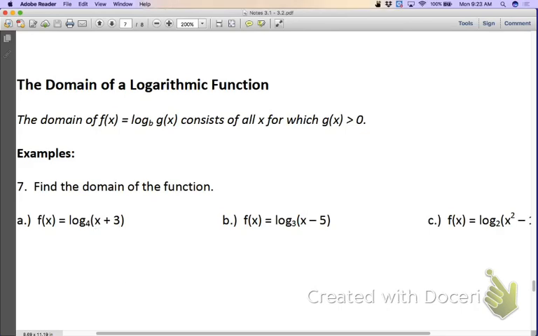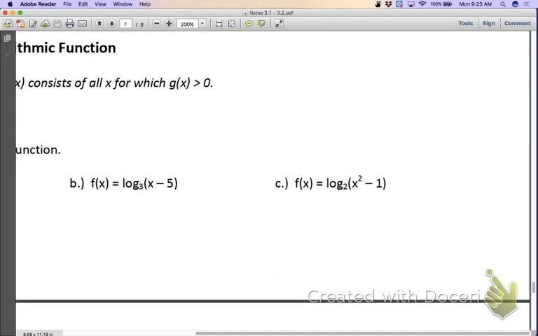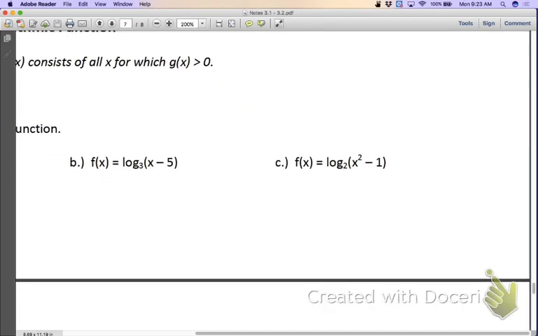Now, what about if it was x squared plus 1 greater than 0? Anybody have an idea of what my domain is going to be here?